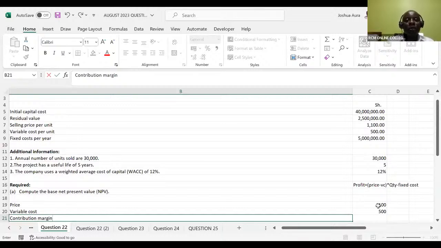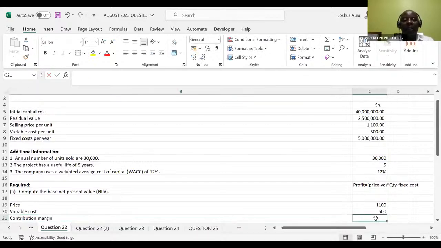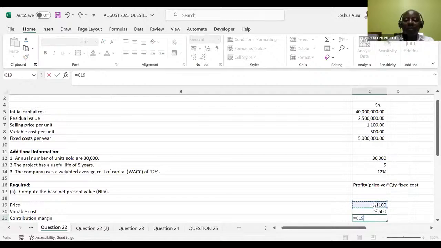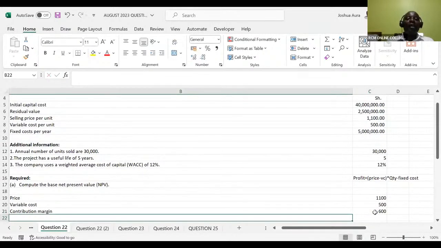How do I get contribution margin, somebody? Is there somebody who knows the formula? Thank you so much. They're telling me, Mwalimu, simply say tab there, and then you say equals, you pick the selling price minus the variable cost. Enter. Now I've been able to get the contribution margin.